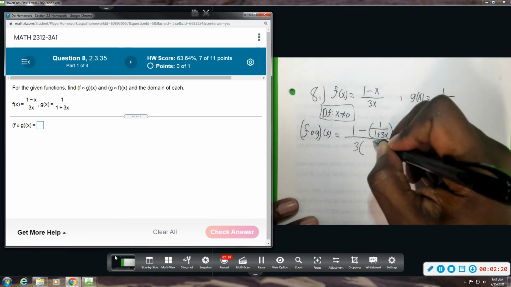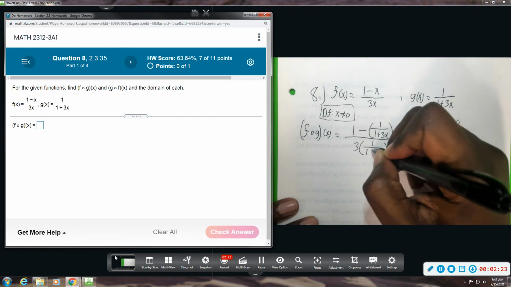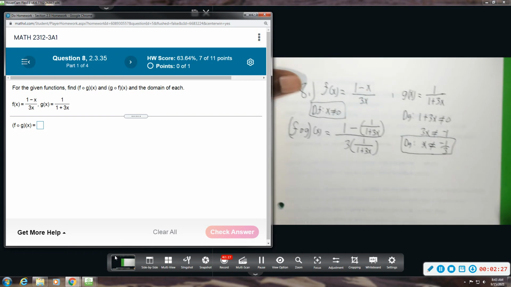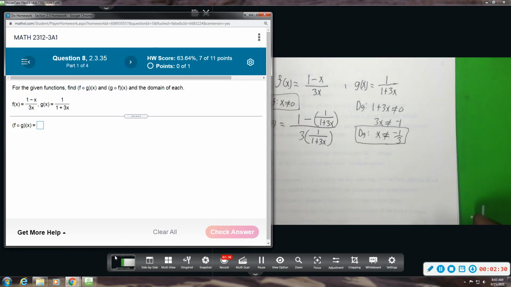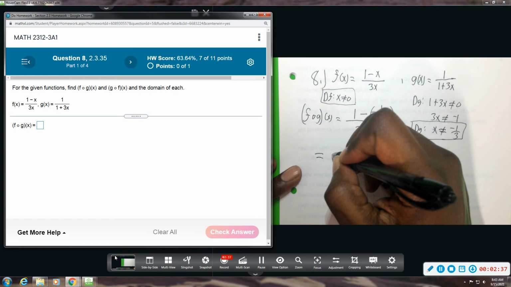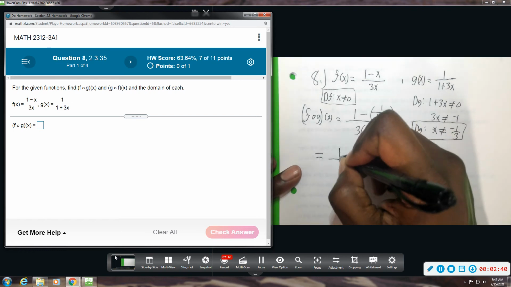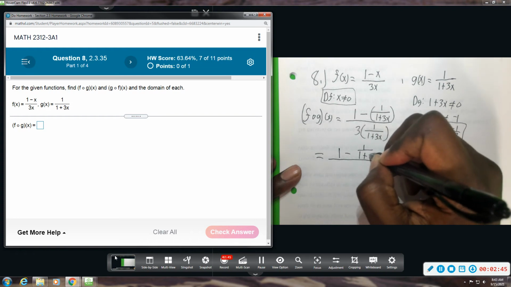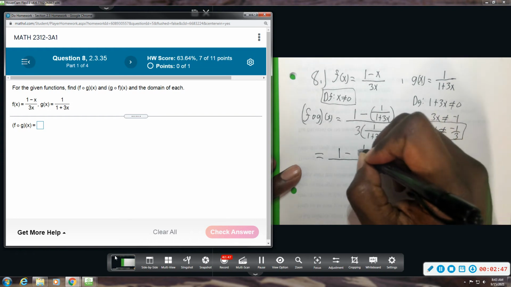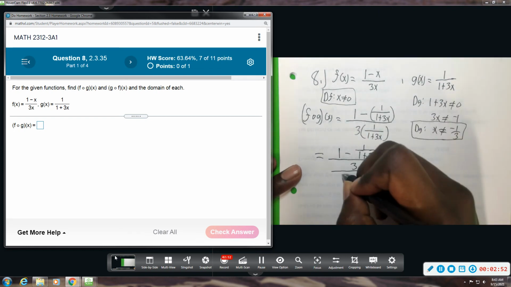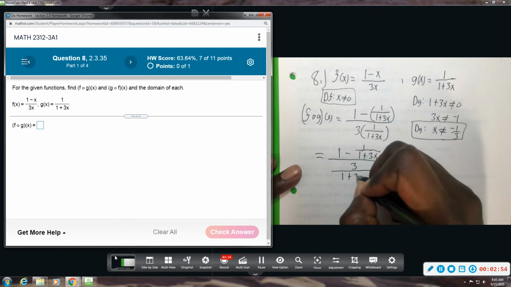And then the same thing on the bottom, 1 over 1 plus 3x. Okay, so I'll do one more step in terms of simplifying. I'm going to just multiply this 3 on the top, so I'll have one fraction. So this will become 1 minus 1 over 1 plus 3x. Then on the bottom, we just have a 3 over 1 plus 3x.